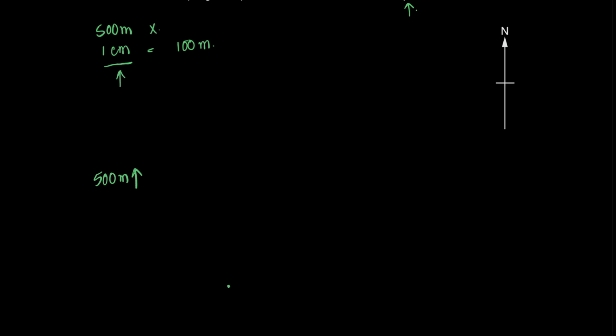I've kept 1 centimeter as 100 meters, so I'll have to draw a line that's going up by 5 centimeters. So let me do that in a second. All right, you can see it's 5 centimeters to the north, or 500 meters if you want to extend your imagination. 1, 2, 3, 4, 5.